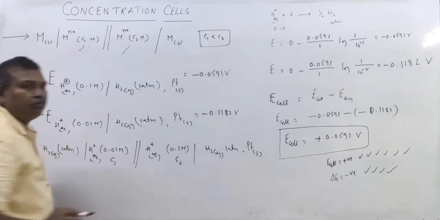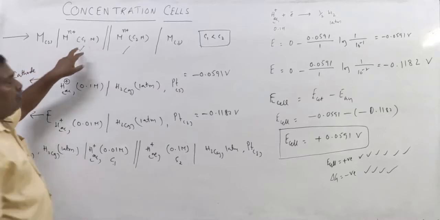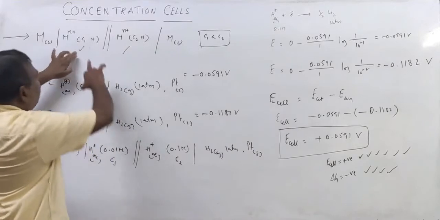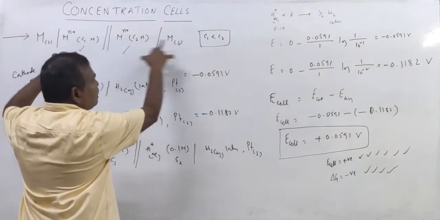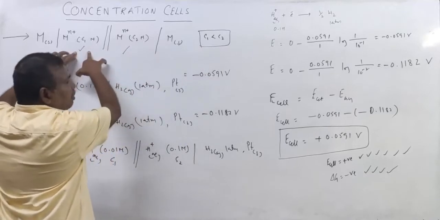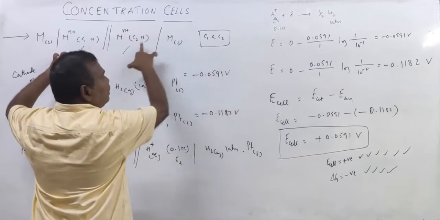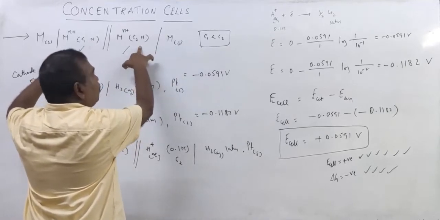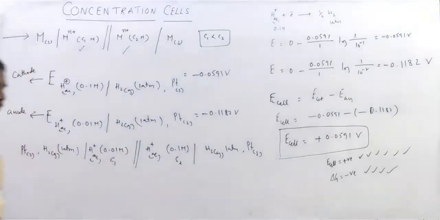Cell works. So whenever it is a gaseous electrode, hydrogen electrode or any metal electrode, remember that if it is a concentration cell, E cell will be positive when C1 is less than C2. C1 means concentration of electrolyte at the anode. C2 is concentration of electrolyte at the cathode.